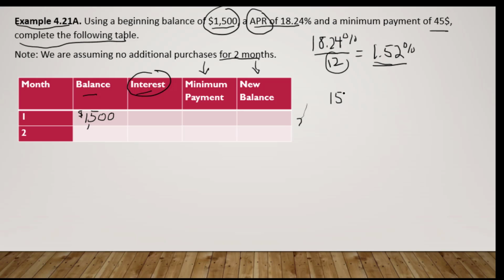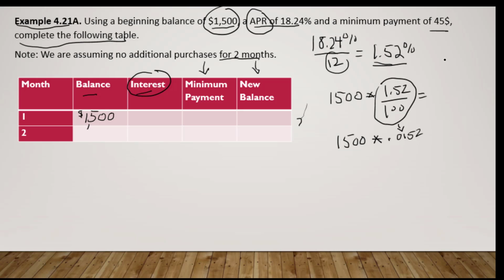So I owe 1,500, and I want to find 1.52% of that number. Of course, you can also just do this, 0.0152, which is just this number converted into a decimal.